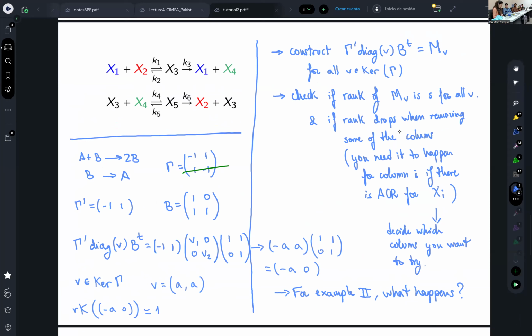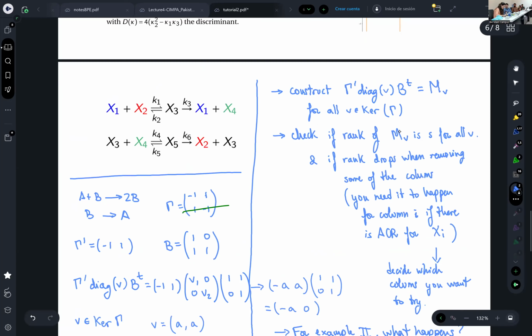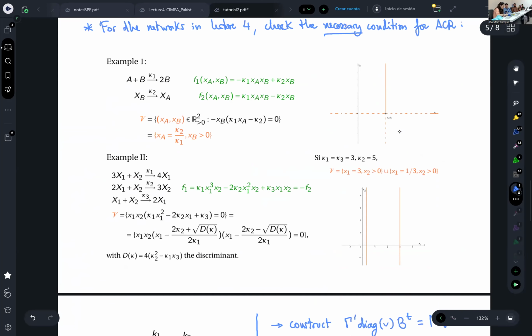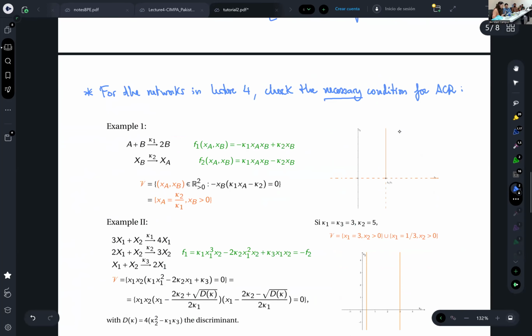Which column can I remove so that the rank drops? It's not a tricky question. So this matrix is really simple. In this case, it's obvious. If I remove the first column, then I have rank 0. So this would tell me that it is possible to have ACR for the first variable.